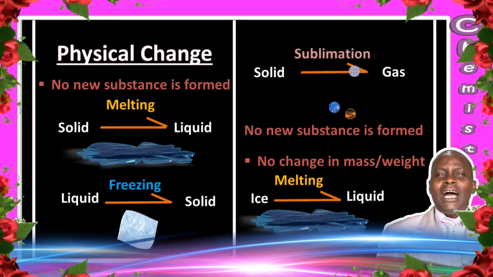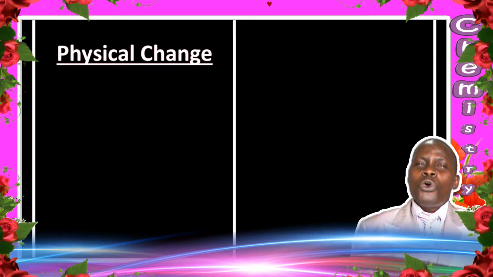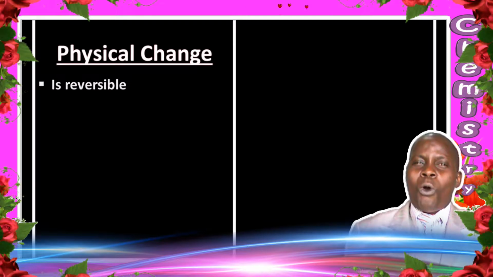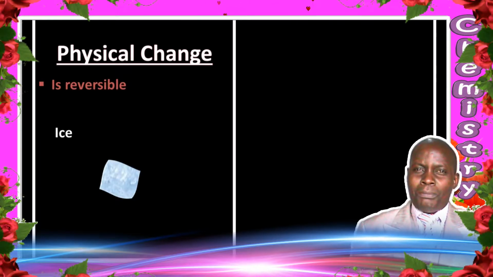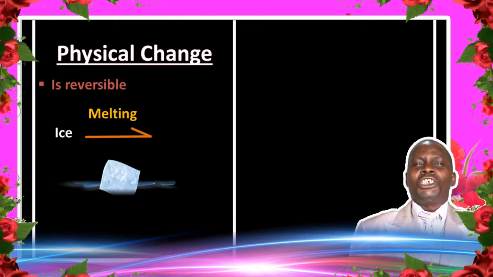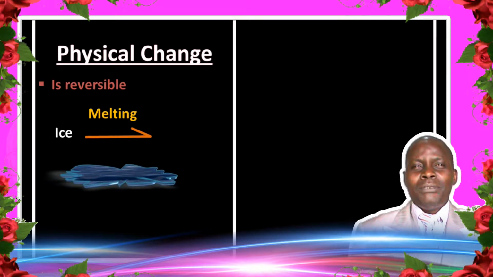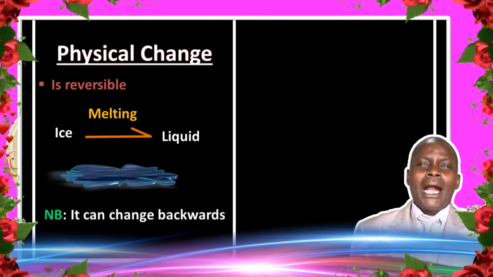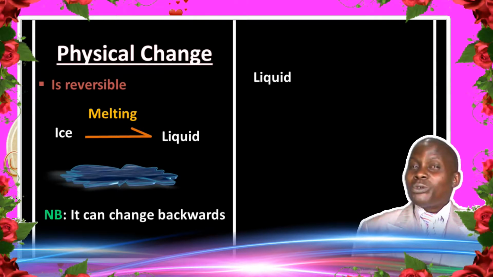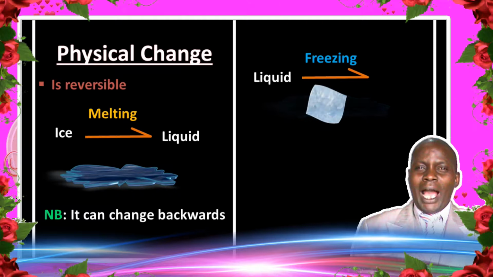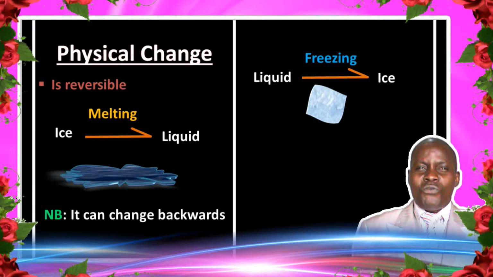And a physical change is always reversible. If you have a solid, for example ice, and if ice changes to liquid, it means that, if we say reversible, it can change back from liquid to solid, from liquid to ice. That is being reversible.